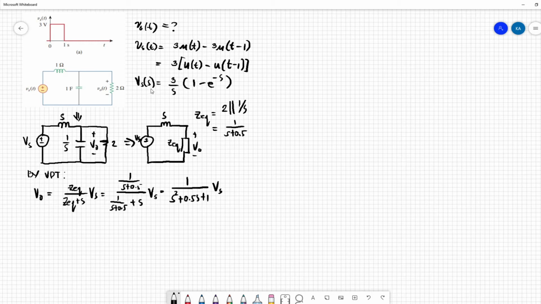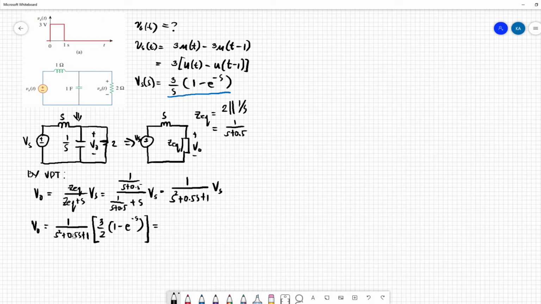So if our equation for Vs is this one, our Vo is equal to 1 over s squared plus 0.5s plus 1 times 3 over s times the quantity 1 minus e to the negative s.